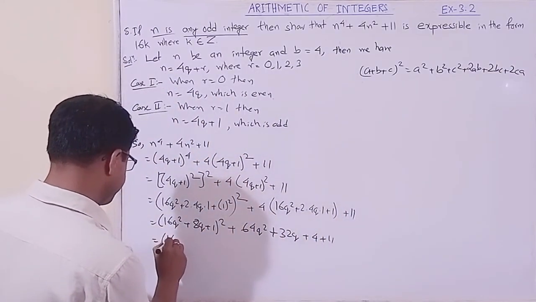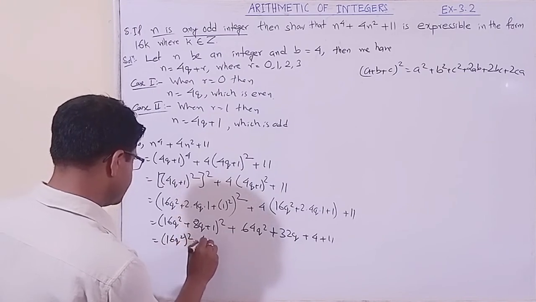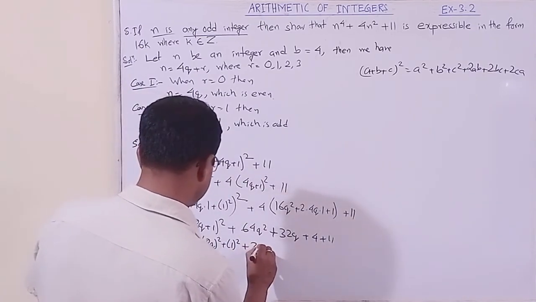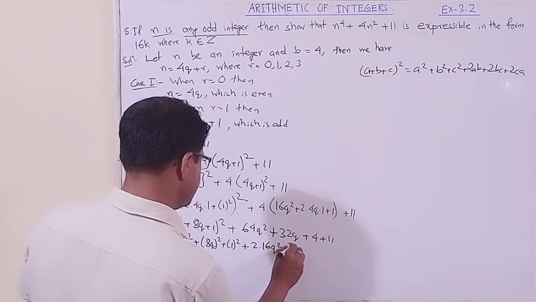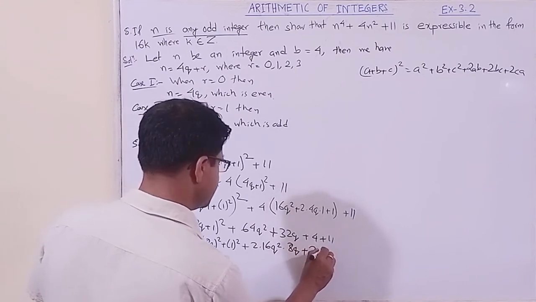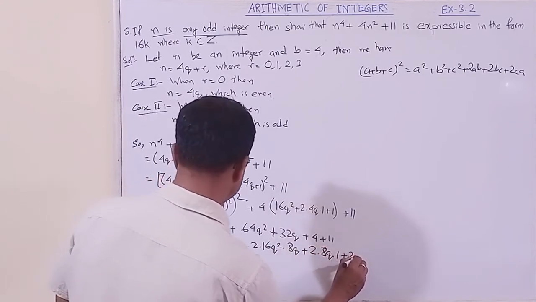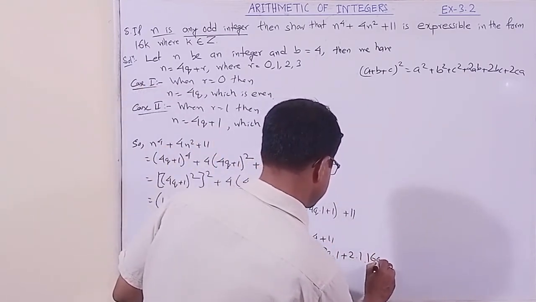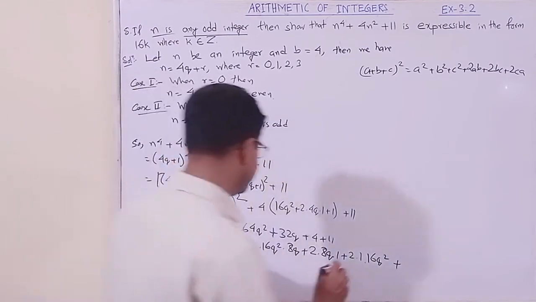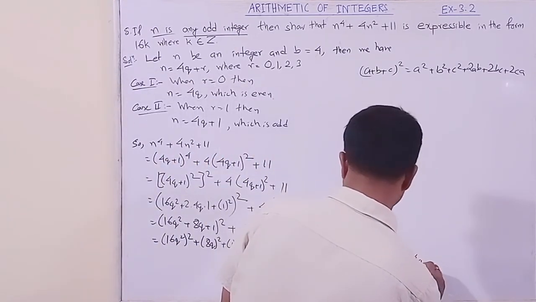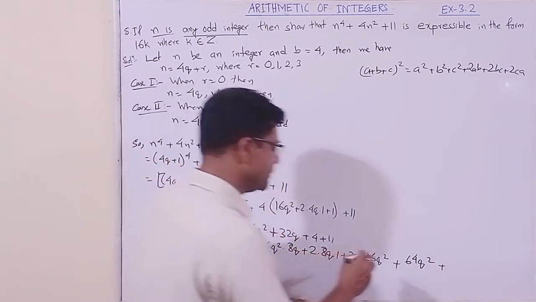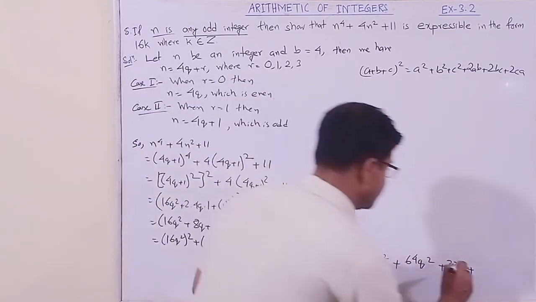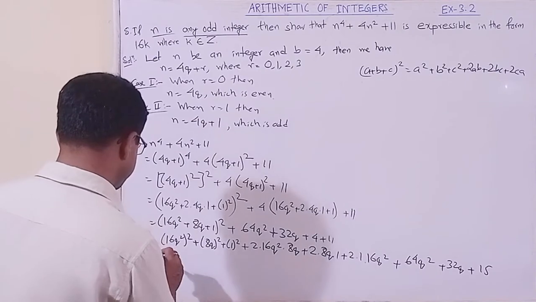So a square plus b square plus c square plus twice ab plus twice bc plus twice ca. This is c and this is a, 1 into 16q square twice ca plus this is 64q square, this is 32q plus 4 plus 11 is 15. 16 square how much?